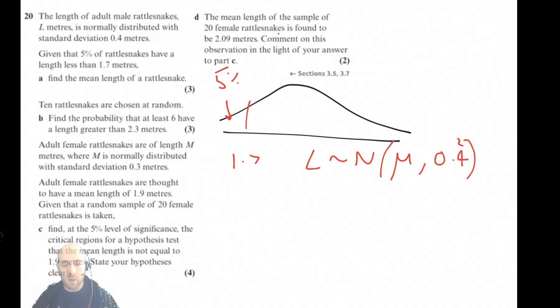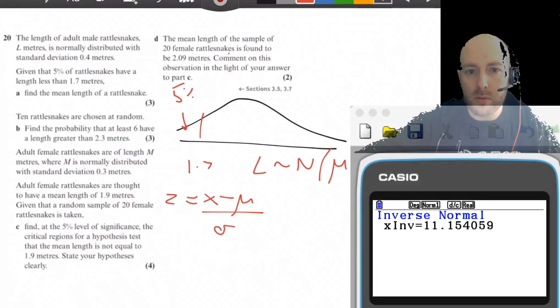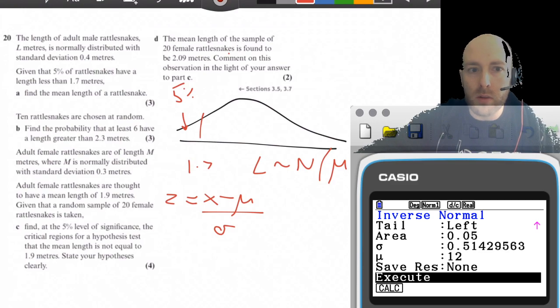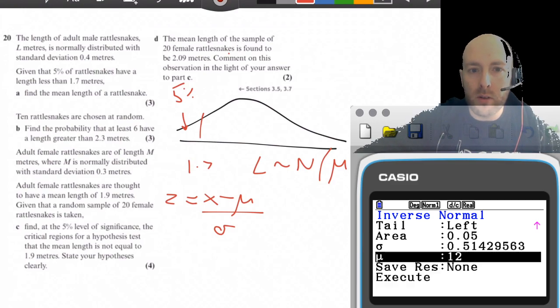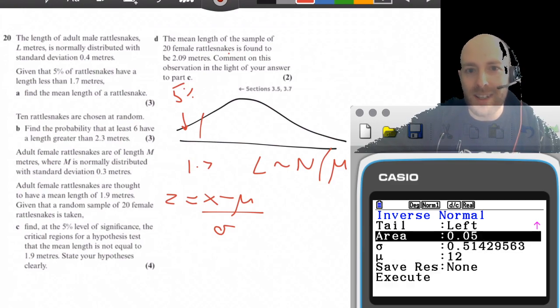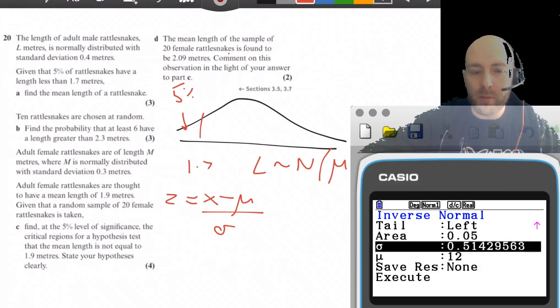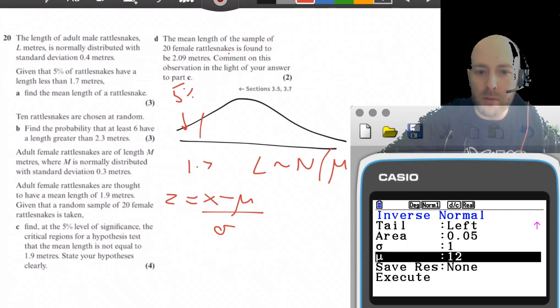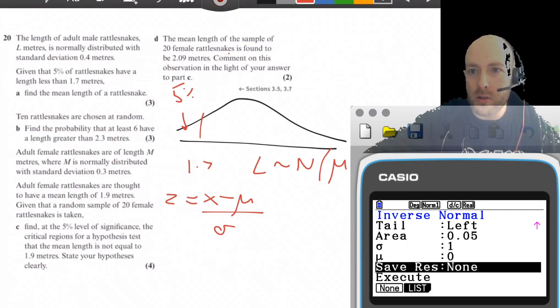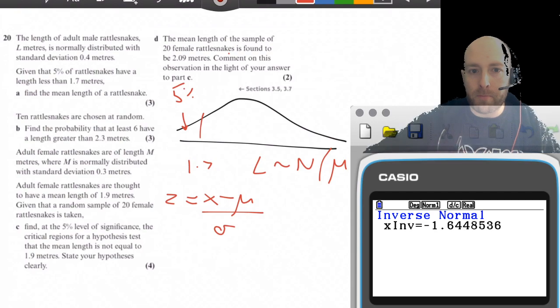So we're going to use the formula z equals x minus mu over sigma. So if we bring up the calculator, we're going to do a standard normal distribution, inverse normal, tail to the left, area 0.05. This is the last one I did, that's why. Sigma is going to be 1, and mu is going to be 0 because we're doing a standardized distribution. Execute.